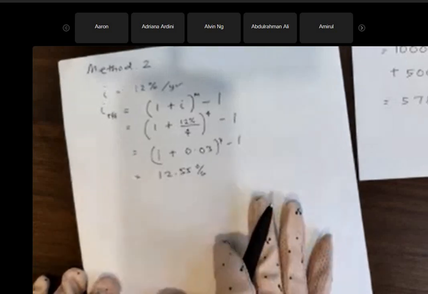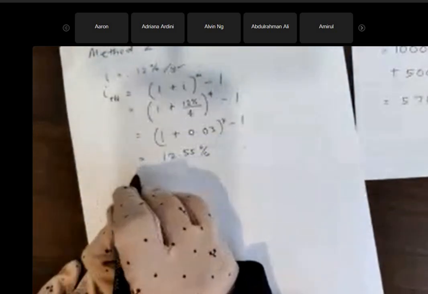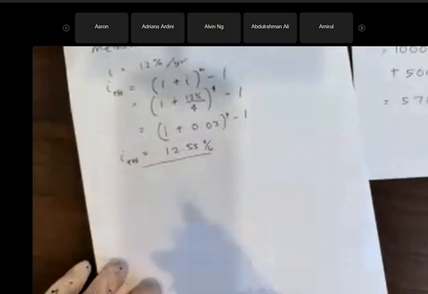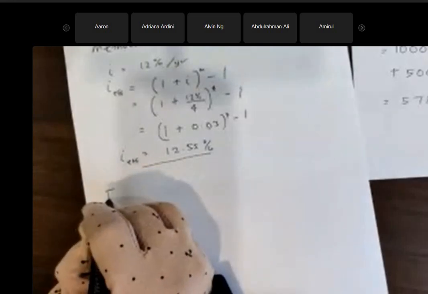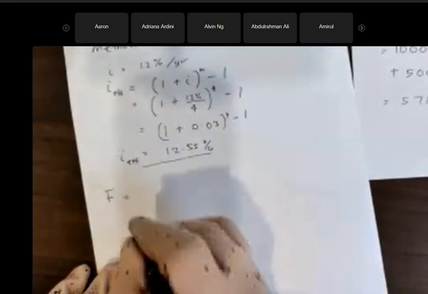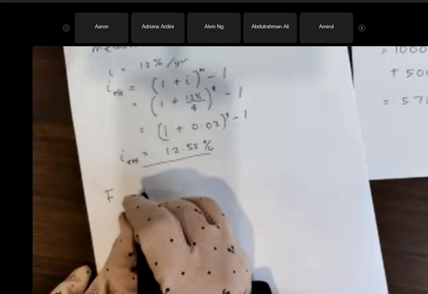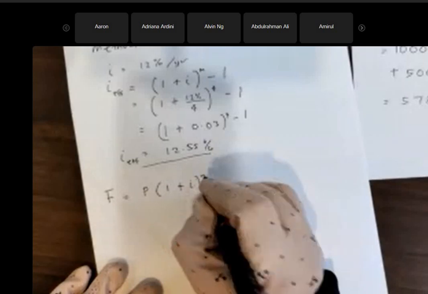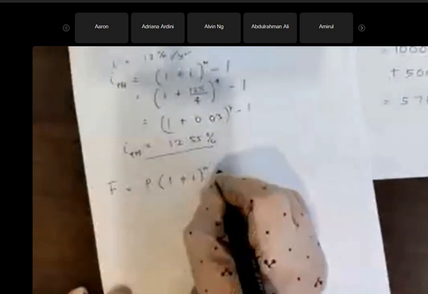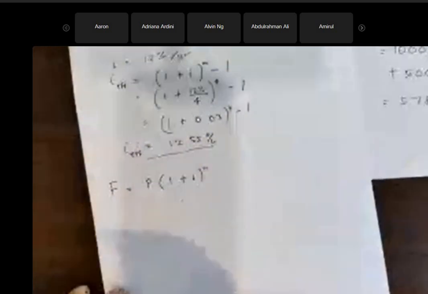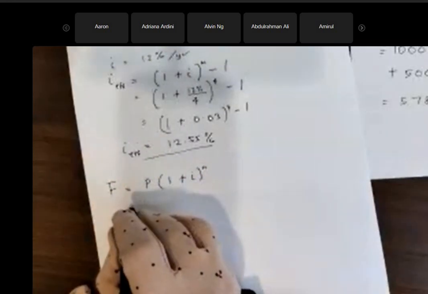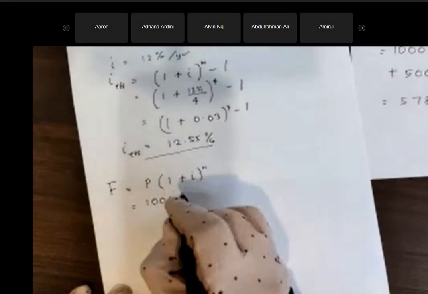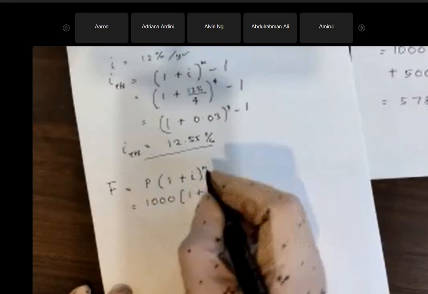Now you already know what the I effective is. Then we want to find out F. F is P, same as before, 1 plus I power of N. If it were A we would use it, but now we just concentrate on F and P. So 1000, 1 plus this one.